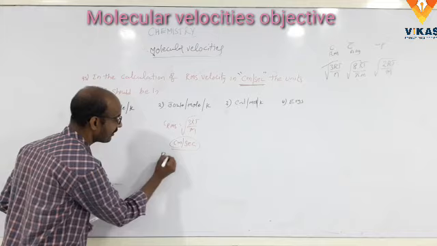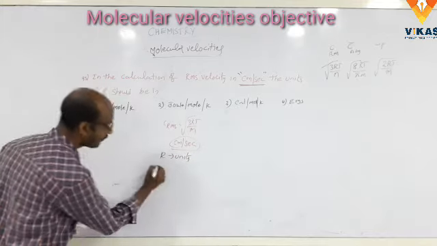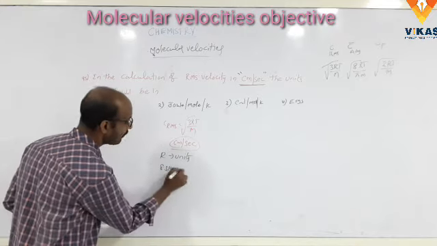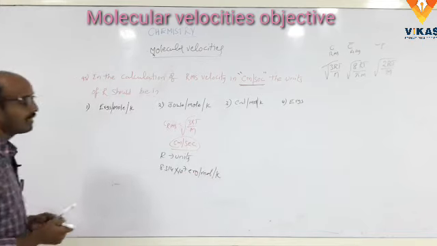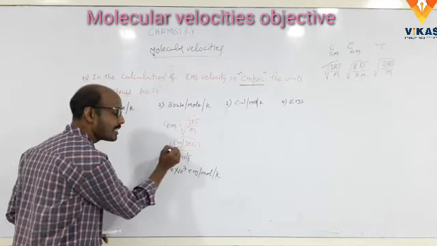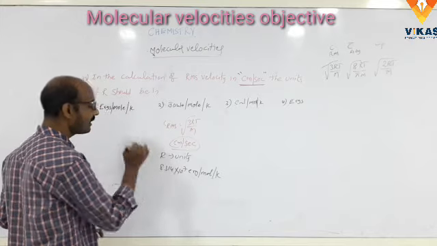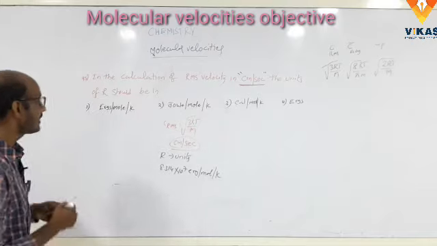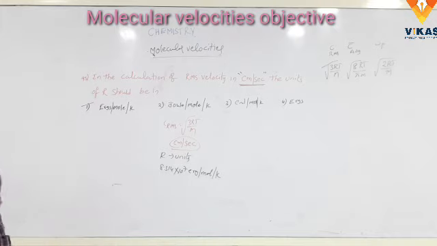Here, what are the units of R? That is 8.314 into 10 power 7 ergs per mole per Kelvin. That is the value of R in the RMS velocity in centimeters per second. So the units are ergs per mole per Kelvin. Among the four options, the first one is the correct answer. Clear, Nana?